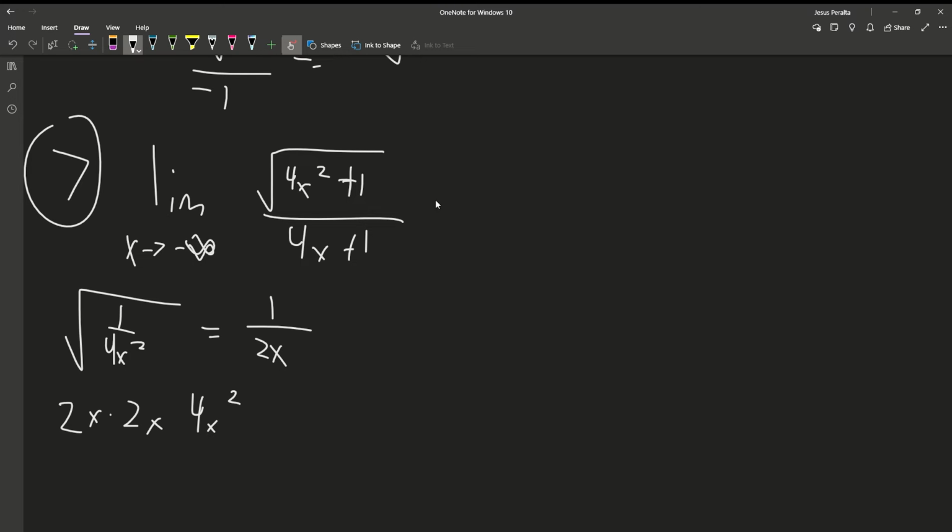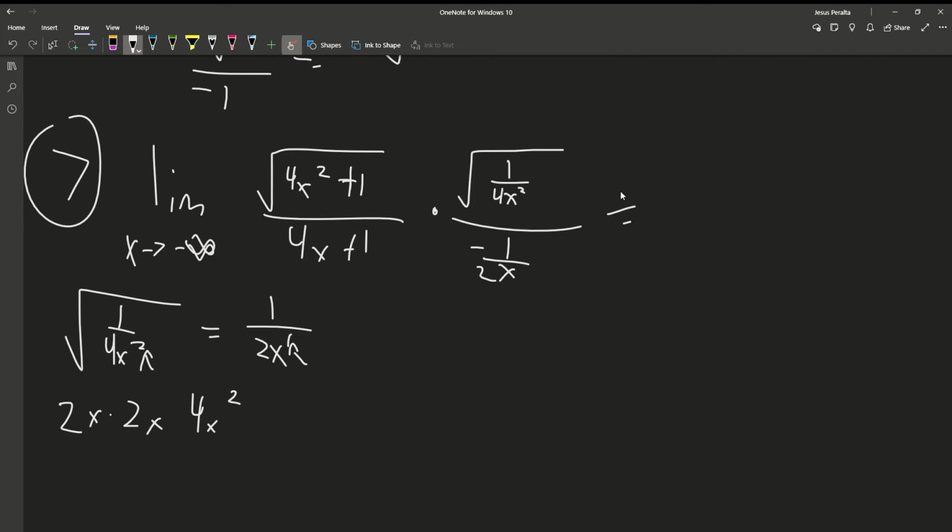So we are going to multiply by the square root of 1 over 4x squared over 1 over 2x. And this is a negative because it goes from an even number to an odd number, and because it's negative infinity.